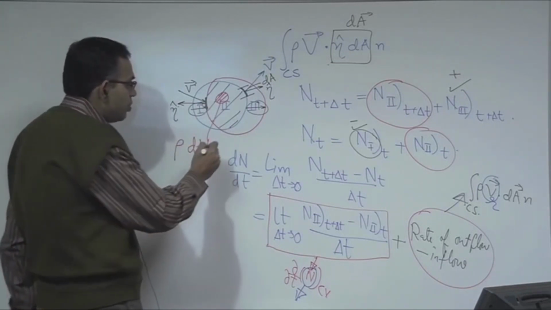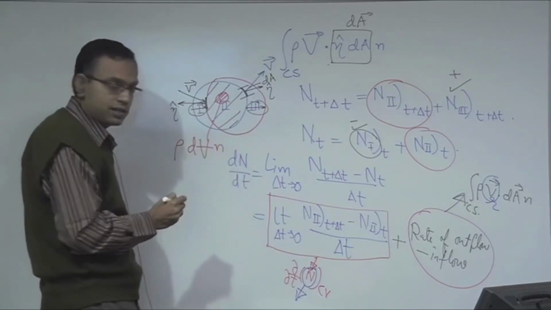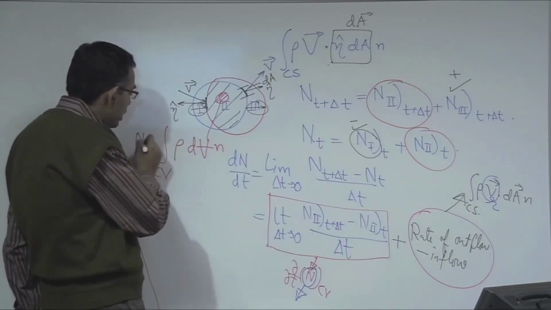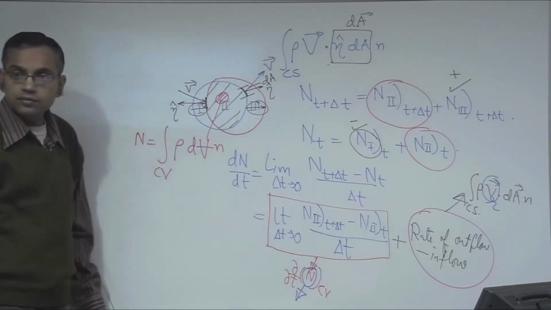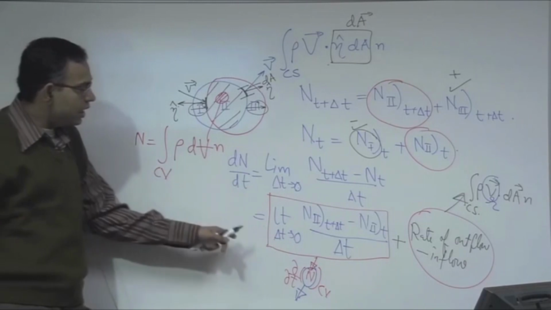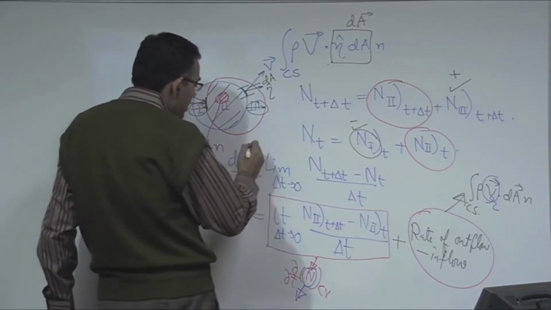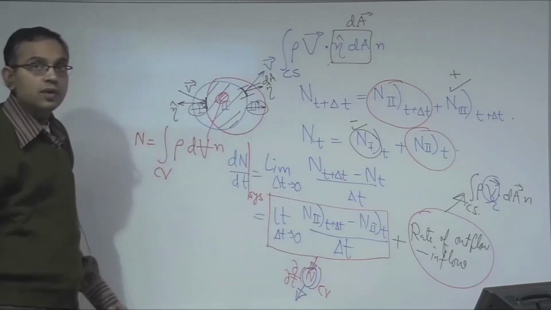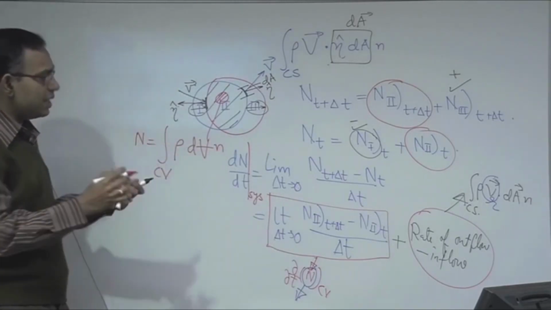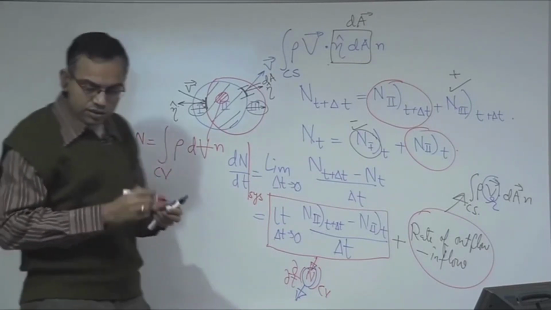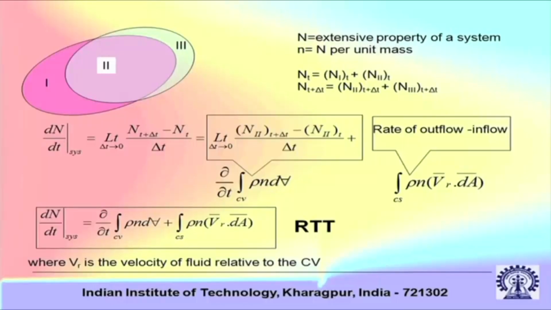Rho dV, and small n is the property per unit mass. So this integrated over the control volume is the total N. We have described this, and on the left hand side what is dN dt is dN dt of the system. So with this basic understanding, let us now go into the slides to complete the algebra.